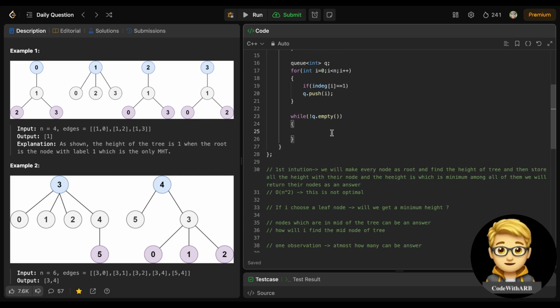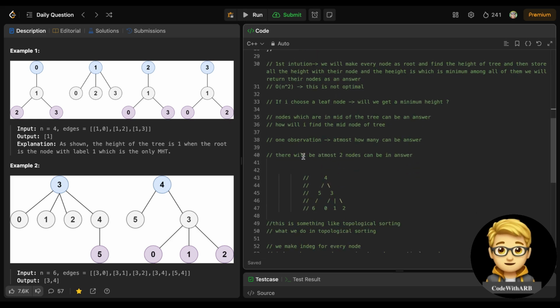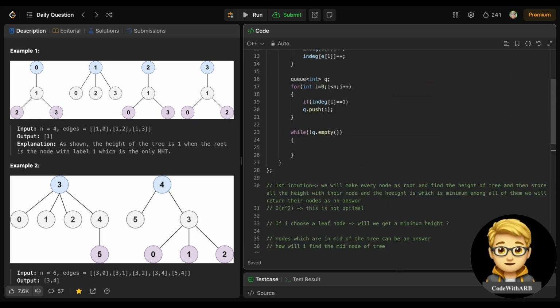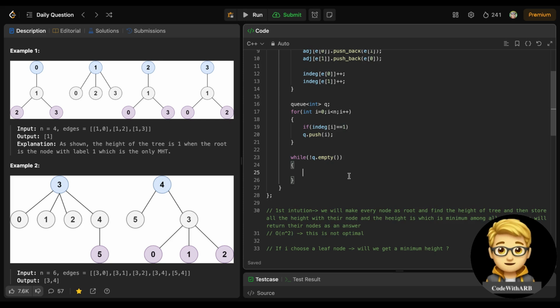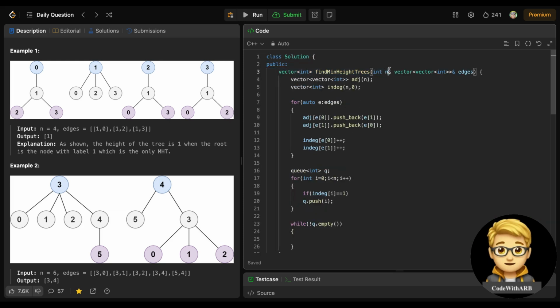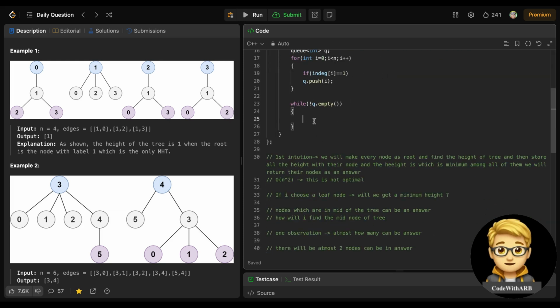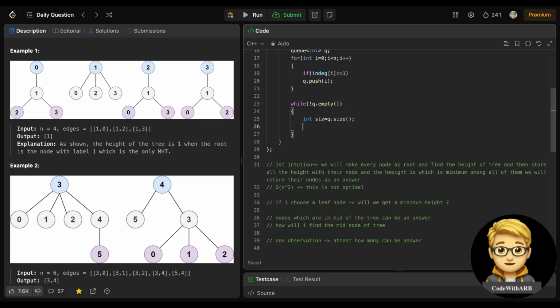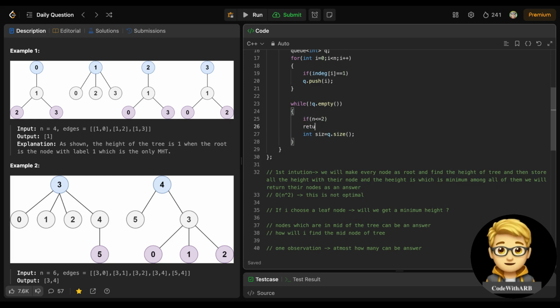Okay, so we have come to a deduction that there will be at most two nodes in my answer, right? And the total number of nodes is n here, right? So can we write it like this: if my n is less than 2, I will break this loop.